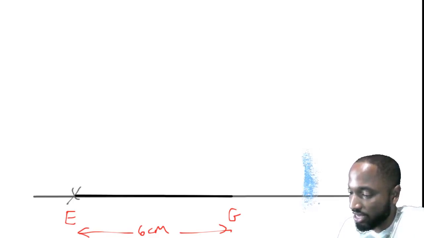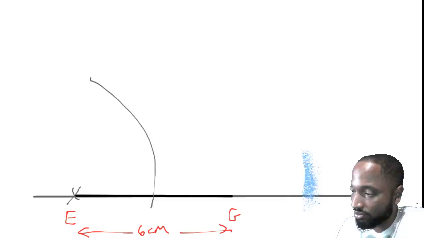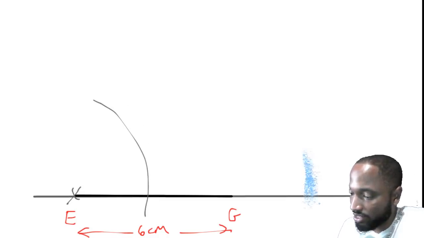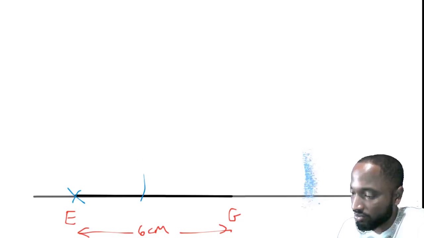You stick your compass here, you make a curve, you stick your compass here, and you make the same curve using the same length. So once again, I'll do the compass actions in blue. You stick your compass here, and you make a curve. Nothing I can do to make this curve come out curvy.